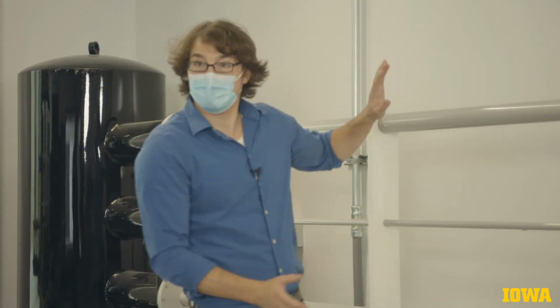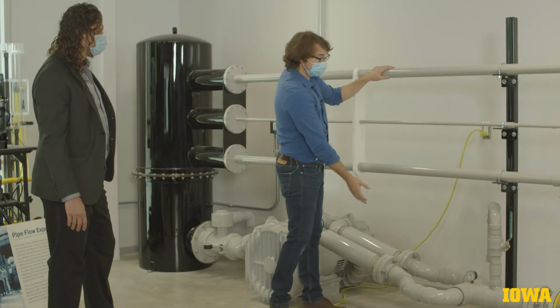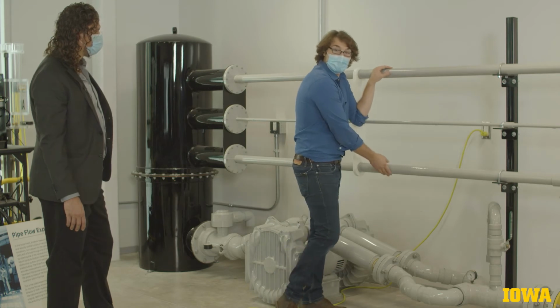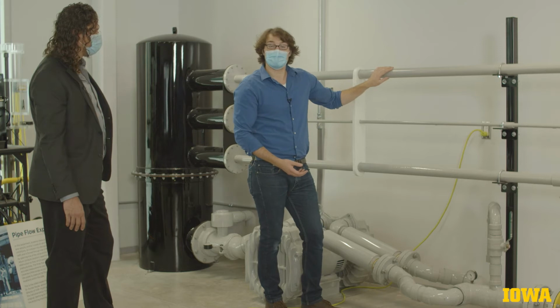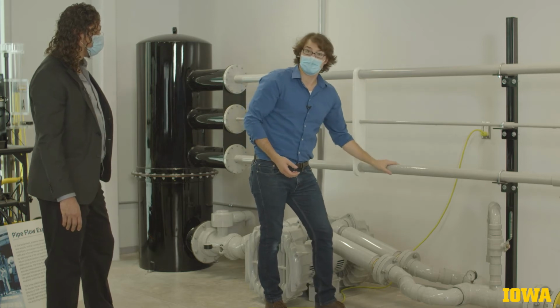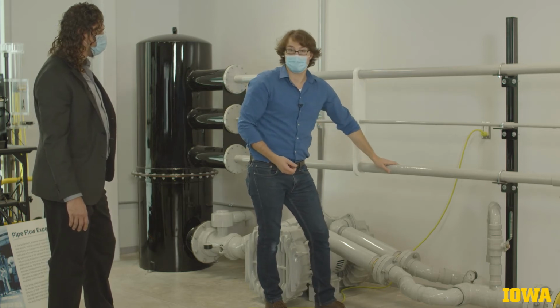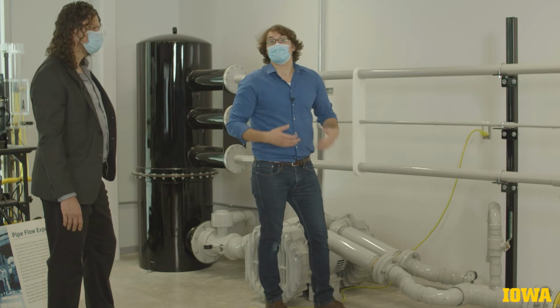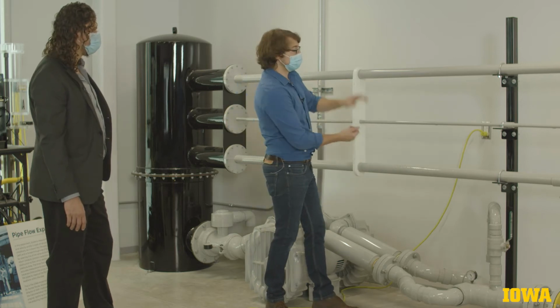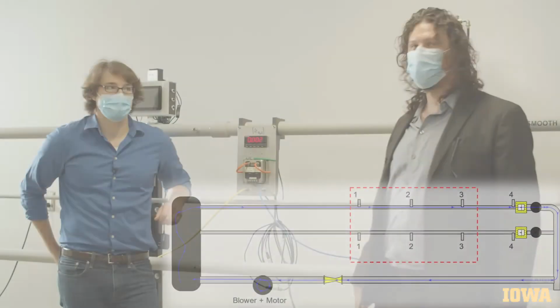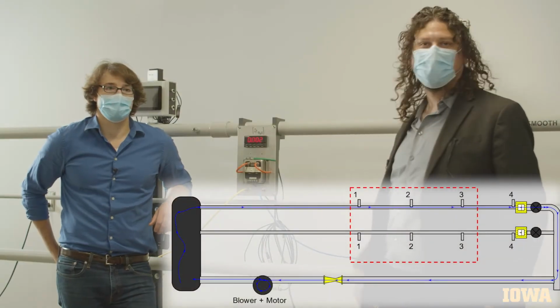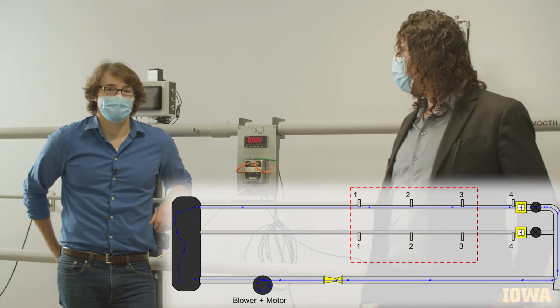The ones we'll be focusing on today are the top and the bottom pipes, both of which have an inside diameter of about 2 inches. But the top pipe is very smooth inside, whereas the bottom pipe has been artificially roughened. We're going to use that to help quantify the differences in energy loss as air flows through each of these two pipes.